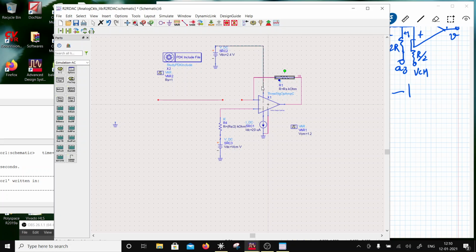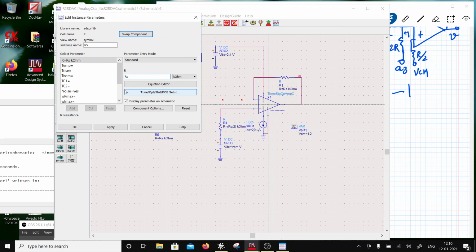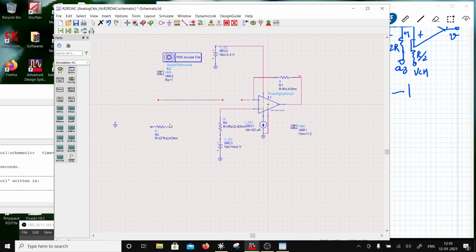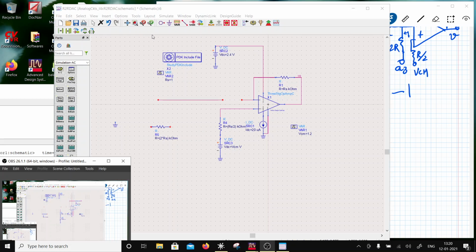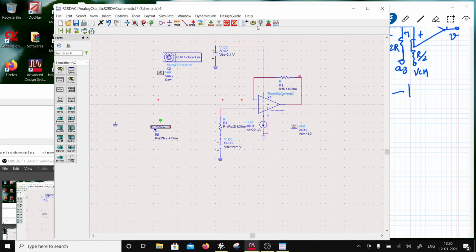I am going to have a 2R to start with, so I'm going to take this one and make it a 2R, twice of R. Let's rotate this, and then you're going to start to have these.